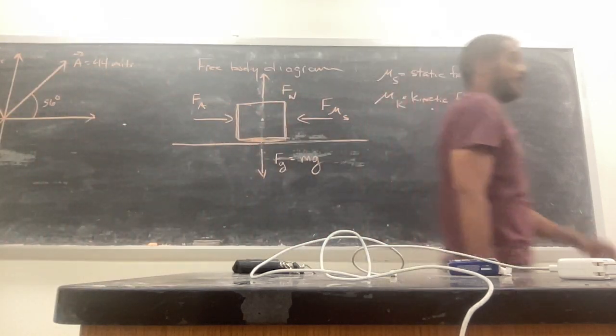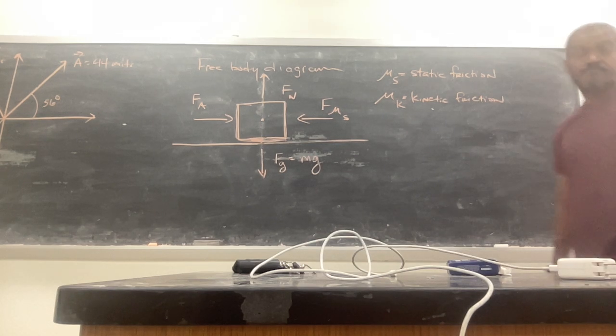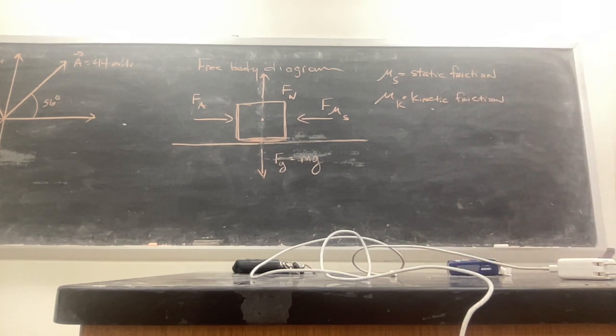Okay? So now the next step is, remember I said about the tug of wars. What happens with the tug of wars? Somebody explain to me what happens with a tug of war. And what happens to the flag in the center when one force is larger than the other one? It's pulled that way. Okay, so what's happening here?